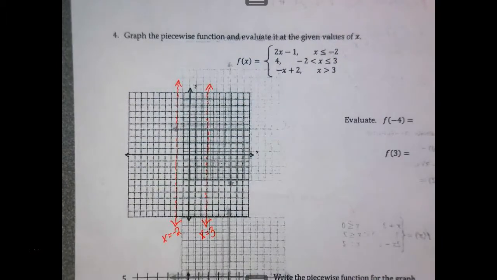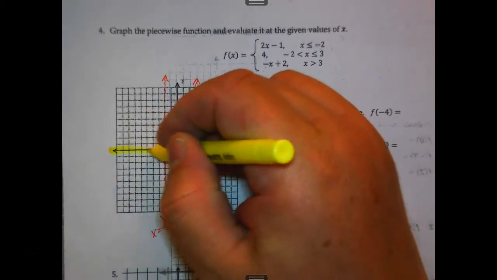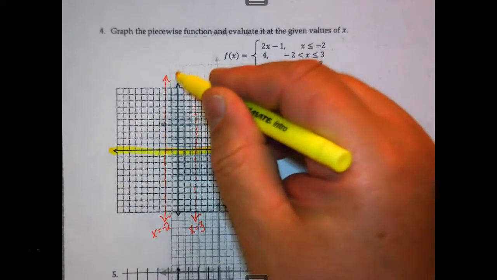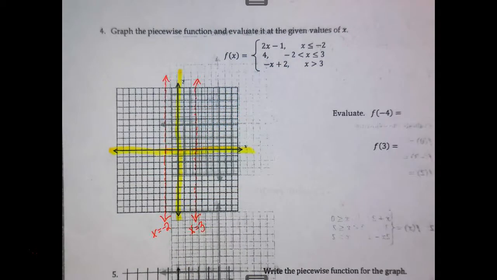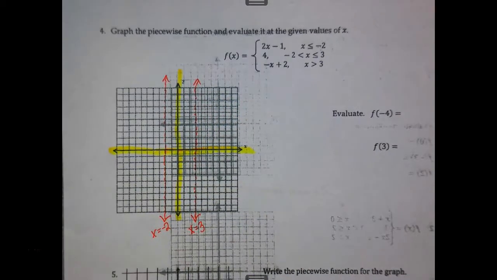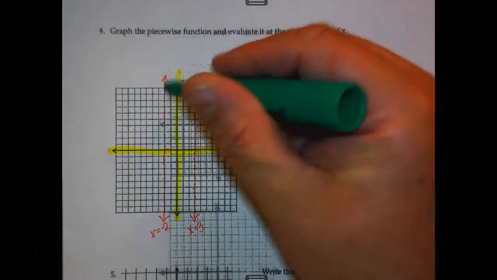All right, let me highlight the x and y axis because this graph is really getting hard to read. Here's my x-axis. Here's my y-axis. My boundary lines. See, here's x equal -2.